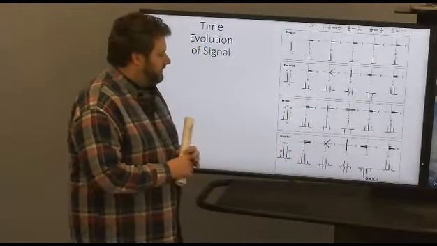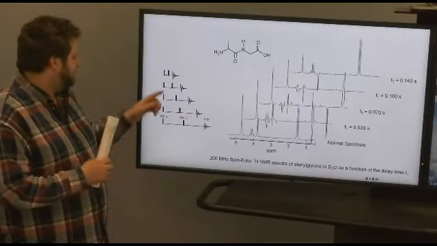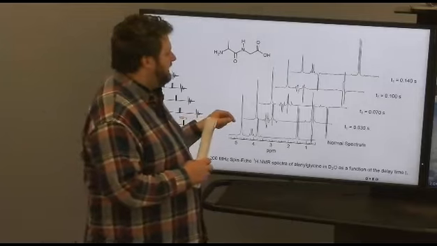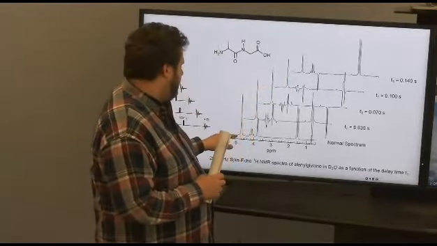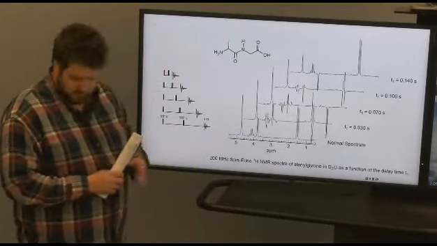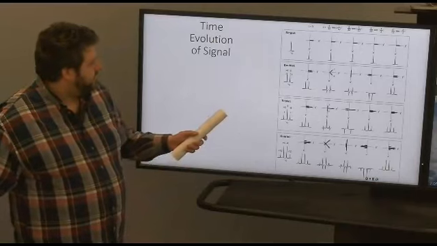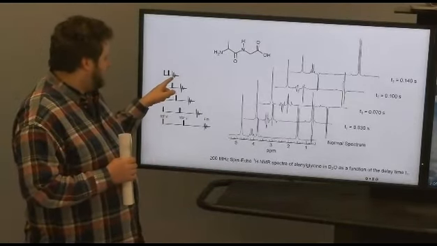If we change the time that we read after the second pulse, we can get multiple of these profiles, where each one looks slightly different. The normal spectrum would be here, what's called time equals 0, in other words, read at the echo point.